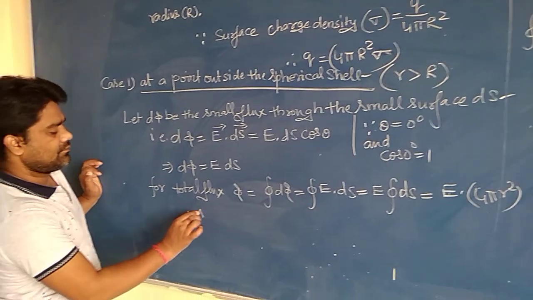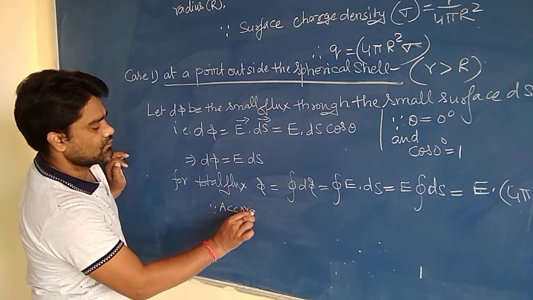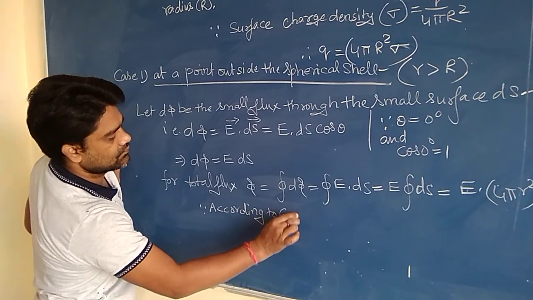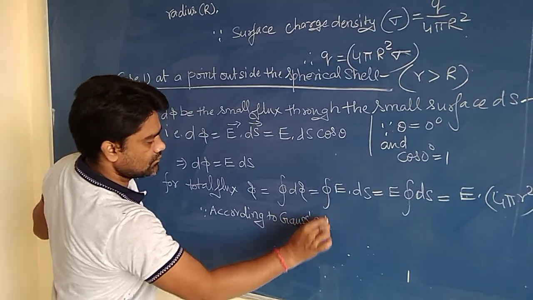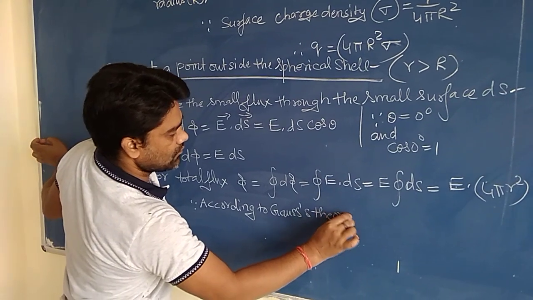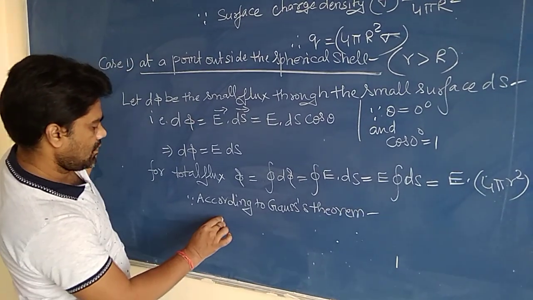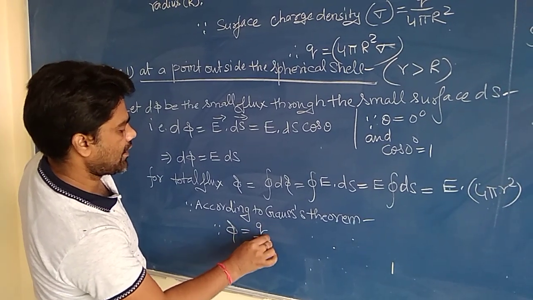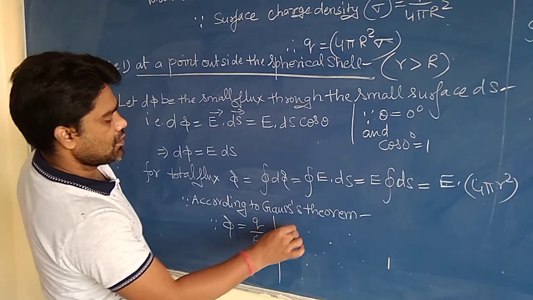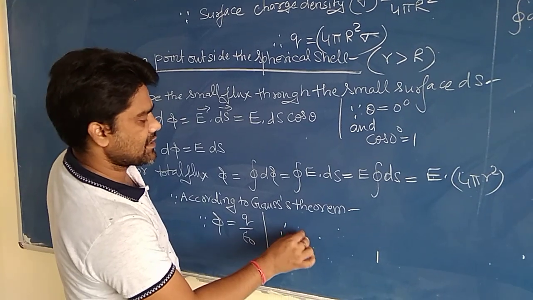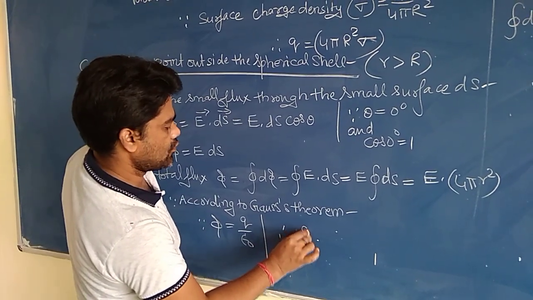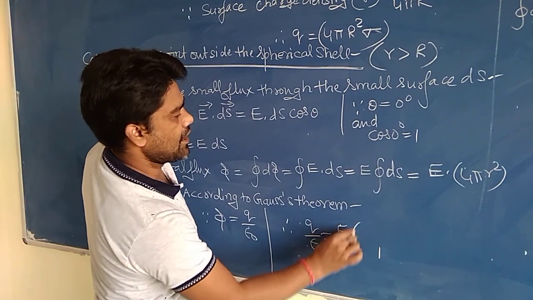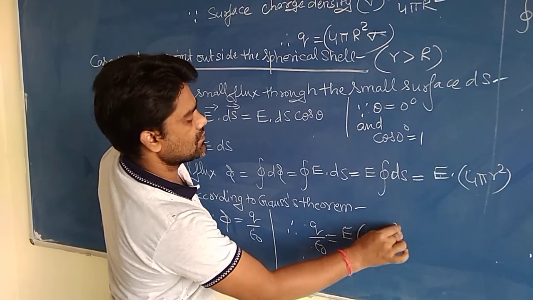According to Gauss's theorem, since phi equals q upon epsilon naught, we can write q upon epsilon naught equals E into 4 pi r square.